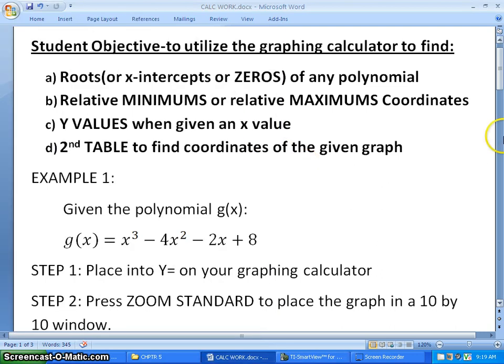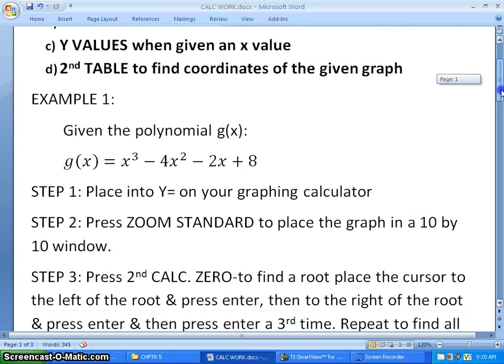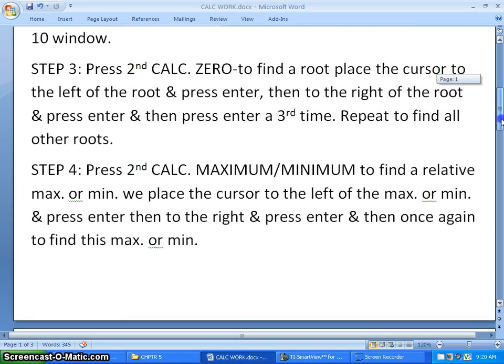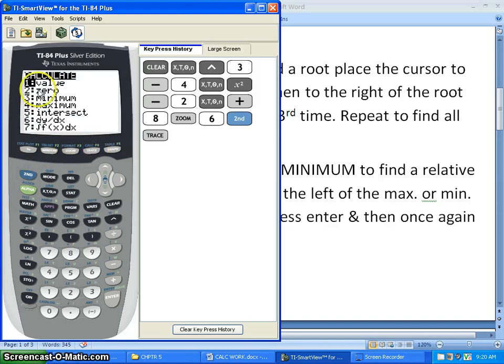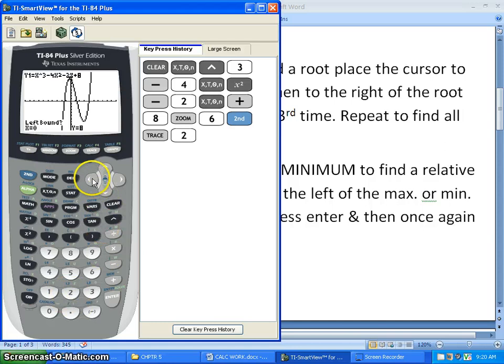Coming back into the presentation, I will now do step 3. I will use second calculate zero to find the root. So we do second calculate, which is the trace key, and I'm looking for a zero. This is going to require us to move our cursor.